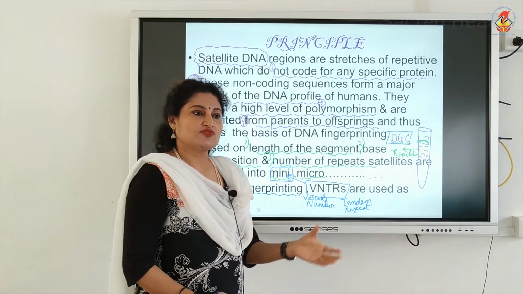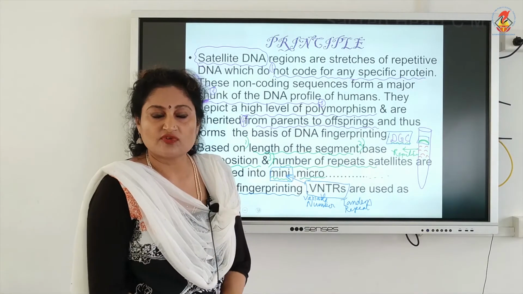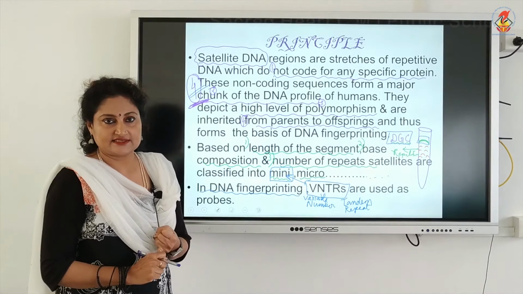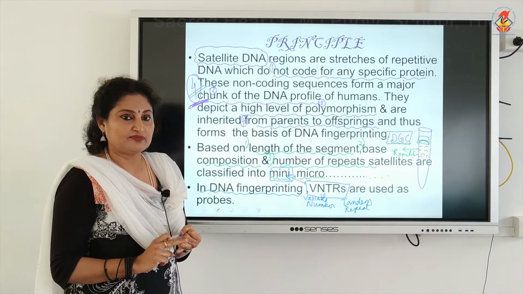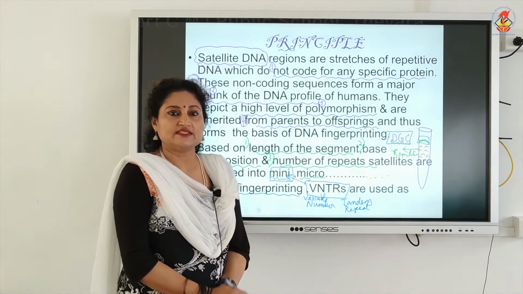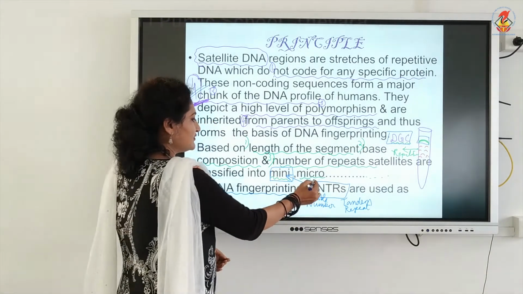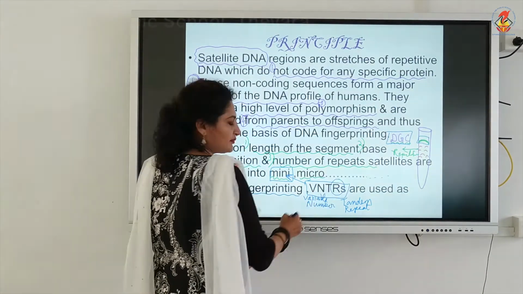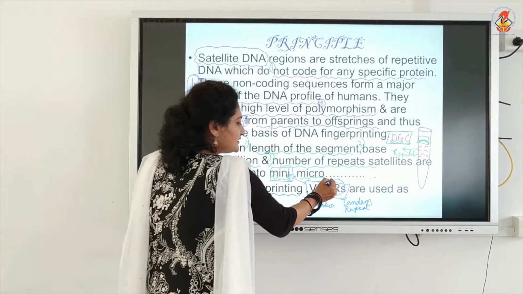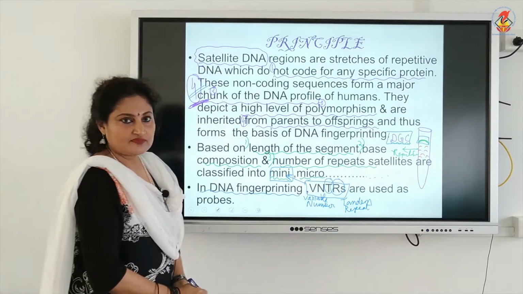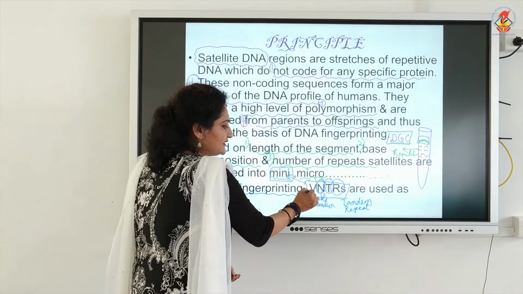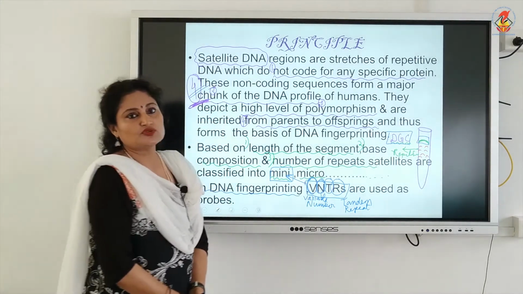Now, if they ask in the board exam, what is VNTR? One point you will get is, VNTR is a mini satellite. Second point, based on the marks, you can increase by elaborating what VNTR is. You start from the reverse. VNTRs are DNA repeats, so the word R is there. Repeats that are arranged tandemly, and the number of these repeats varies from chromosome to chromosome.